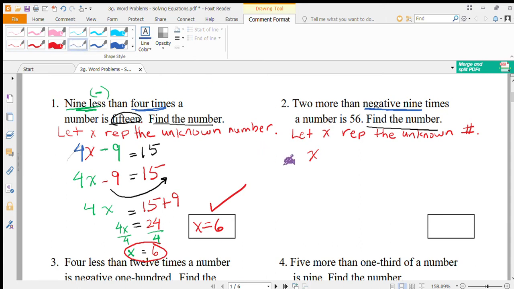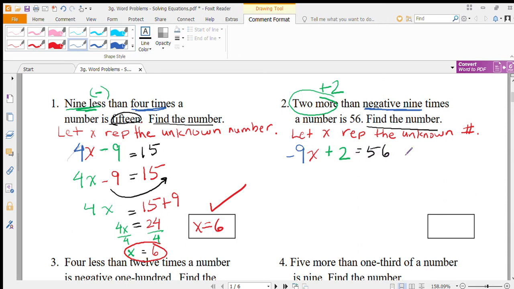Okay. Now let's backtrack a little bit, and I notice here that it says 2 more. So when you see 2 more, that means you're adding 2, right? Adding 2. Then negative 9 times the number is equal to what? Equal to 56.